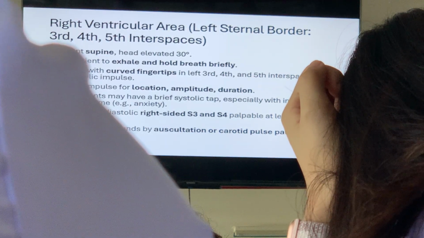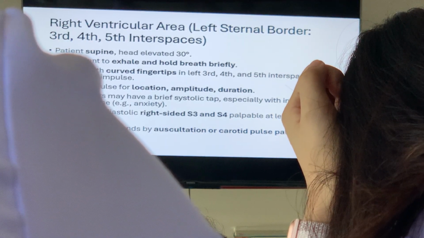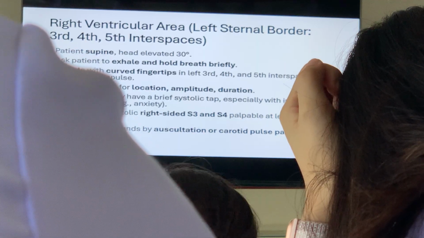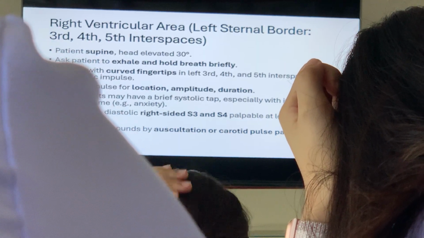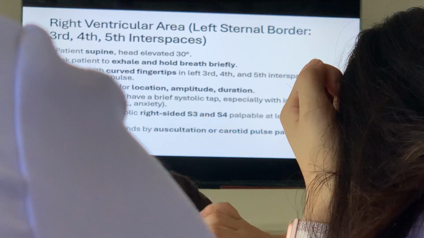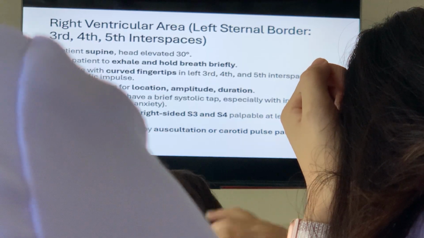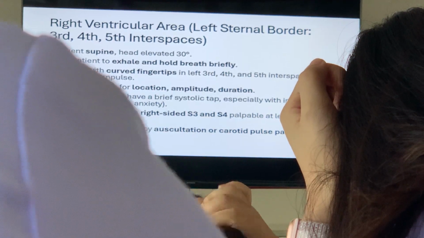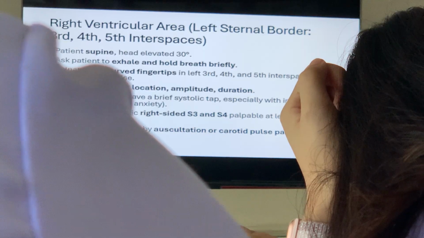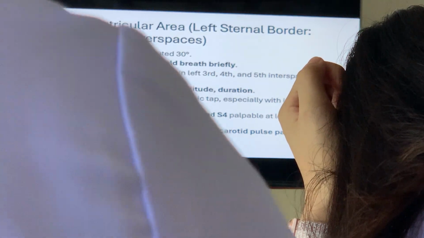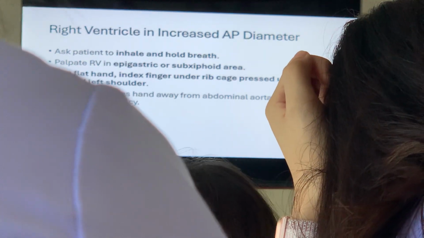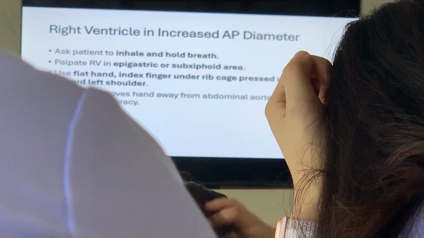You palpate with the curved fingers in the left third, fourth, and fifth interspaces. You assess for the location, the amplitude, and the duration. Then sometimes the systolic right-sided S3, S4 are palpable on the left fourth and fifth interspaces. But do not bother yourself with that one. Okay, it's not really that important.